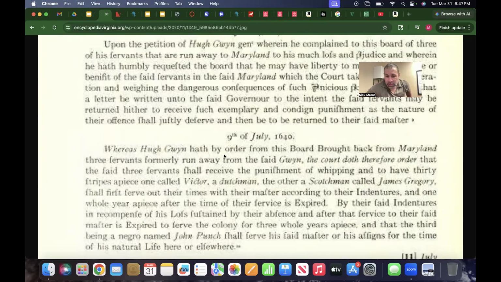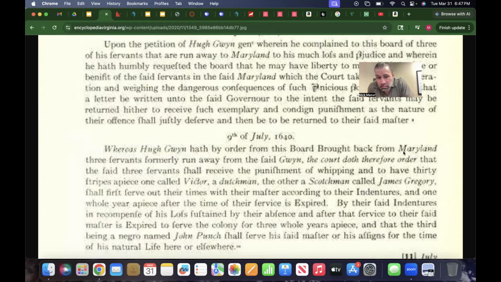Whereas Hugh Gwynn hath by order of this board brought back from Maryland 3 servants formerly run away from Mr. Gwynn, the court doth therefore order that the said 3 servants shall receive the punishment of whipping and to have 30 pieces called basically 30, they were charged like 30 shillings.